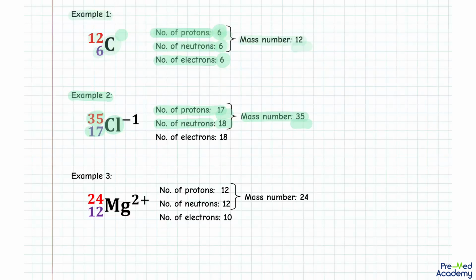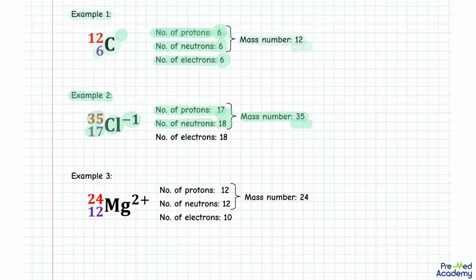And now a confusing part. On the top right, we see the number -1. This means that the charge of this atom is -1. -1 means that this specific chlorine atom is a negative ion, what we called an anion. This tells us that an extra electron has been added to a neutral chlorine atom.